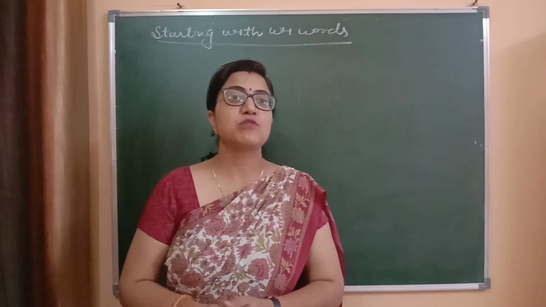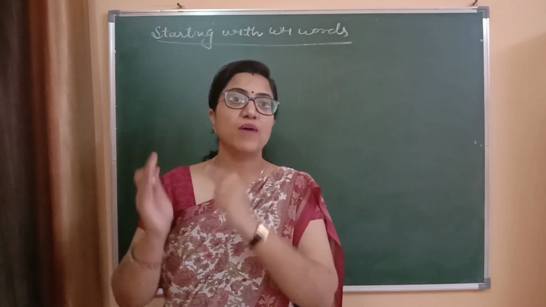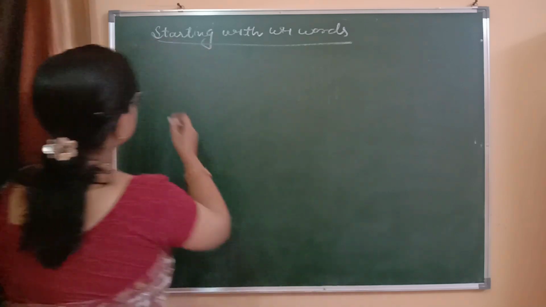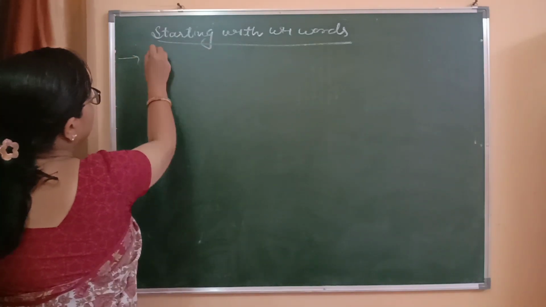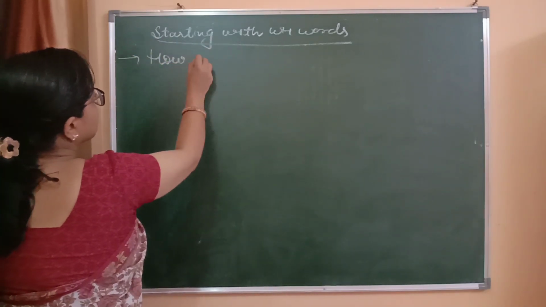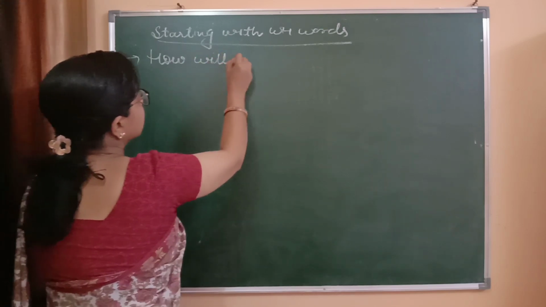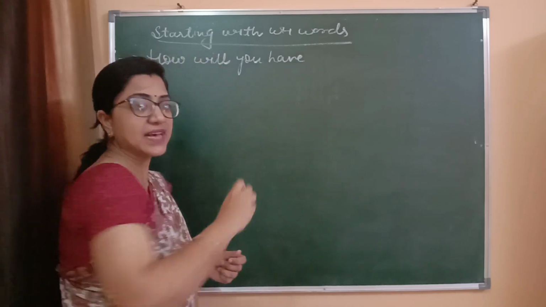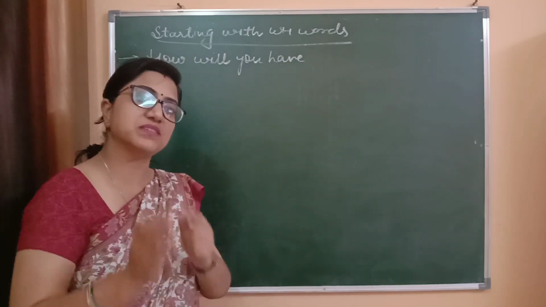Now I am talking about WH words when you add them at the beginning of the sentence. How will you start? Okay, look at the board. How will you have? Okay, as I have told you, will have or shall have plus third form.